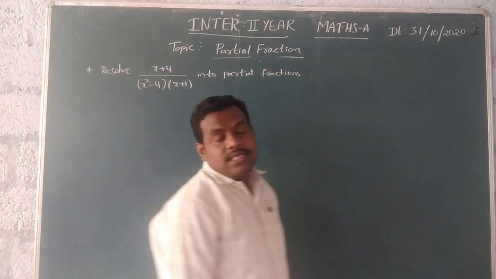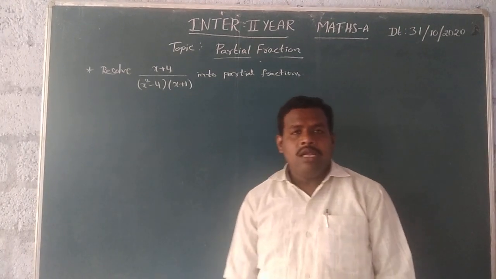Resolve x plus 4 by x square minus 4 of x plus 1 into partial fractions.